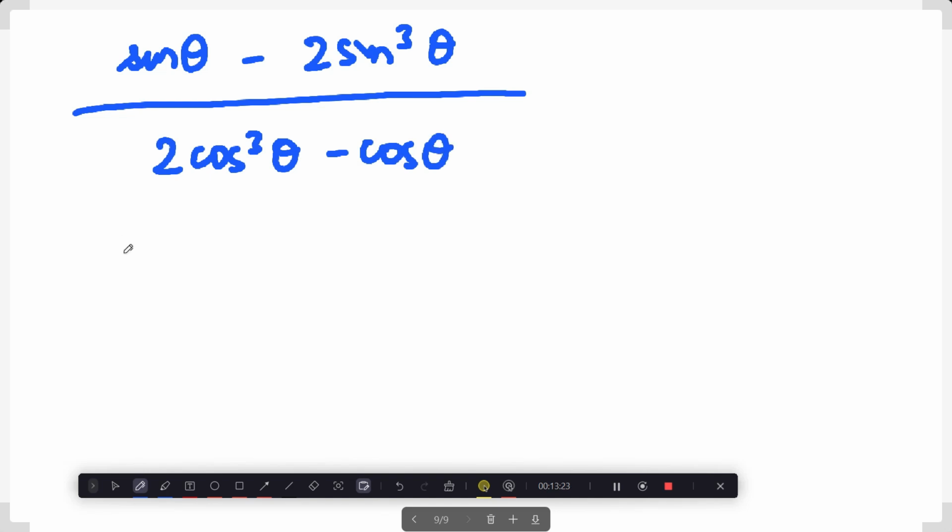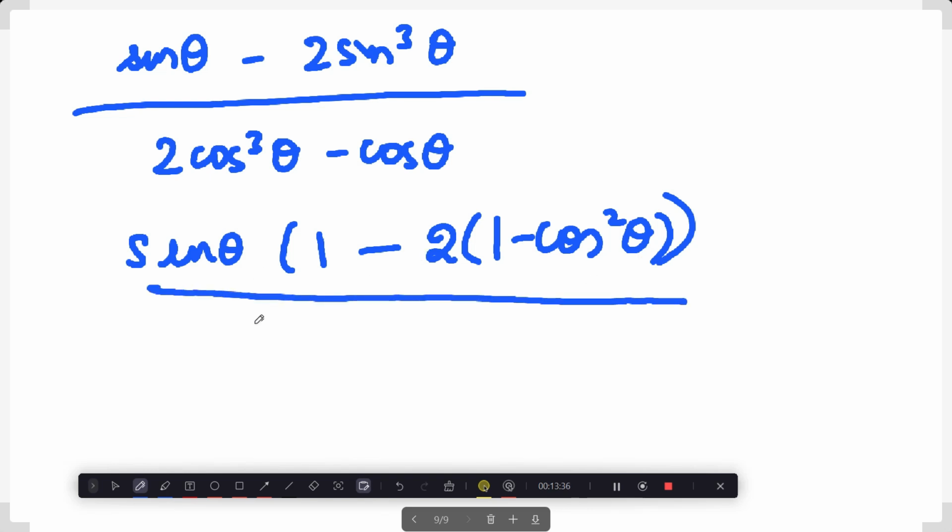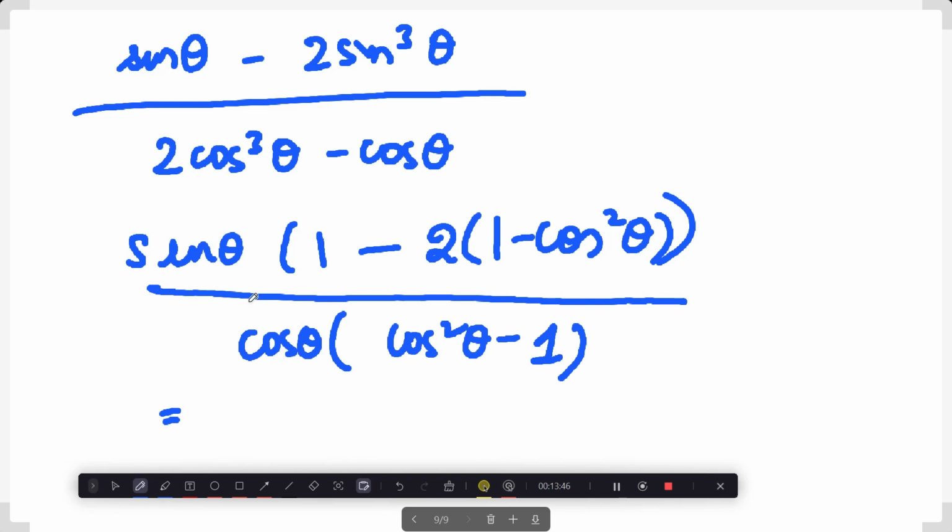This is the LHS. So, sin theta, we'll take common from here. So what is 2 sin square theta? It is 1 minus cos square theta. Right? If we take cos theta common from here, this is also cos square theta minus 1. Now, if we solve this, what is sin theta by cos theta? Tan theta. What is this numerator? We'll open the brackets.